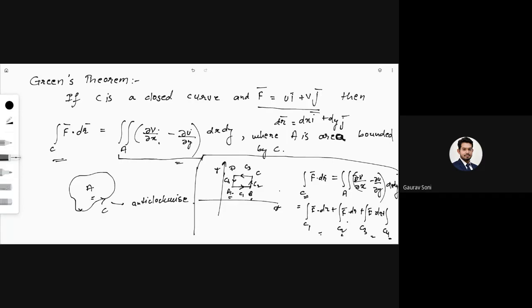So in this type of example where the line integral becomes difficult to find, I can switch to the double integral and give the answer. So that's all about the things we have already seen.